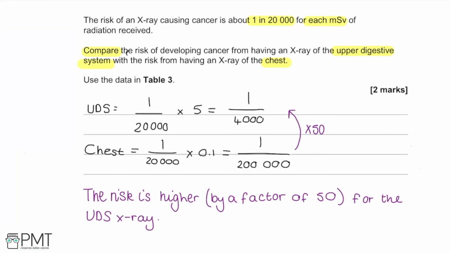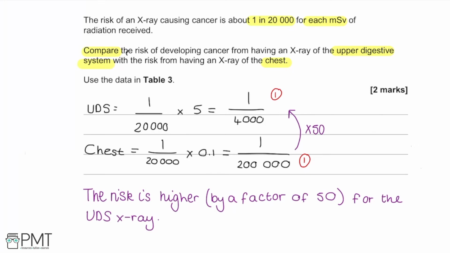So this is a 2-mark question, and I could have gotten both of the marks by just writing down and working out these two calculations here. Just by working out the risk for both the UDS and the chest x-ray, I would have got both of the marks.